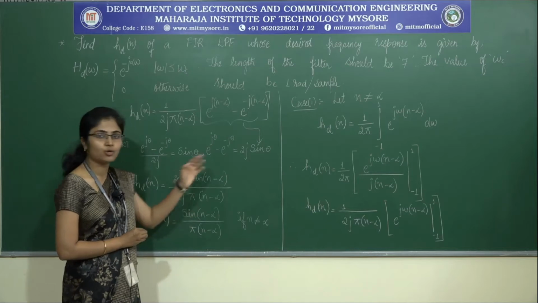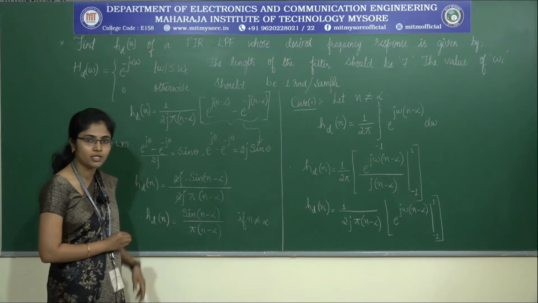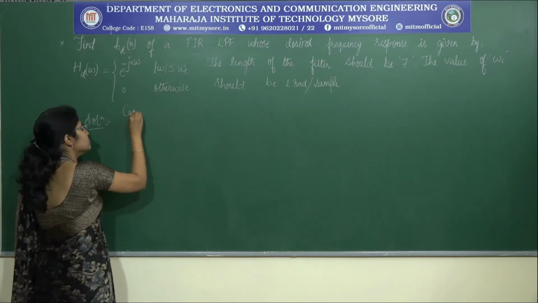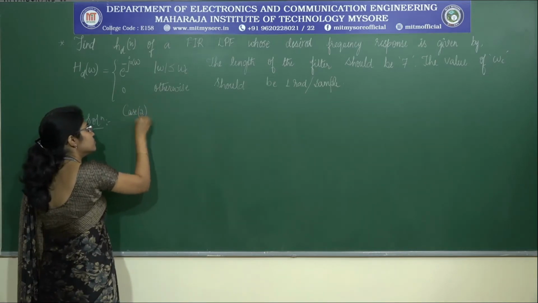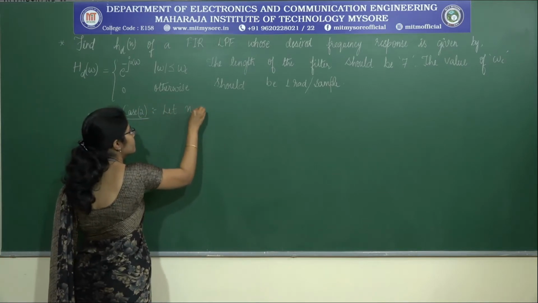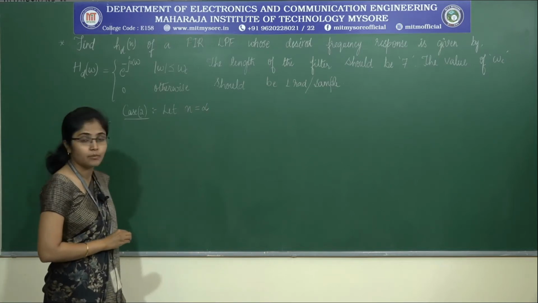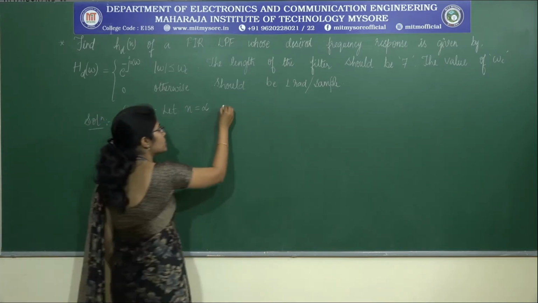Okay. Now, let us go for the second case and let us see what is the expression which we are going to get for hd of n. So, in case 2 what I am taking, let n be equal to alpha in which equation?